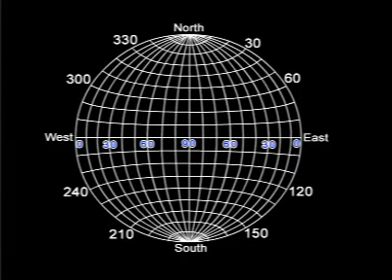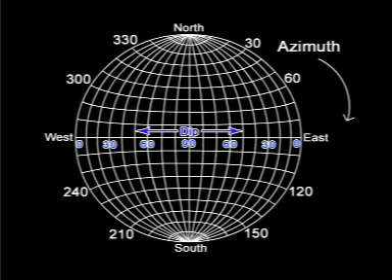Now, let us see how a plane looks like on the stereographic net. The net, which is shown here, is giving the azimuthal angle at the periphery, represented by the smaller circles, and the great circles, they are giving you the dip of the plane.